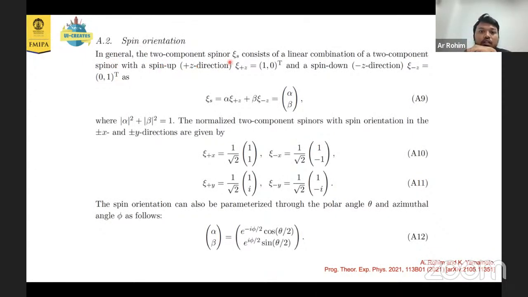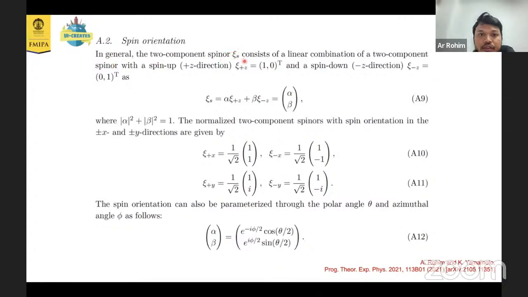So in general, the two component spinor consists of linear combinations of two components with spin up in the plus z direction and spin down in the minus z direction. T here stands for transpose. So we have chi plus z equals 1, 0, and for the spin down, it equals 0, 1.